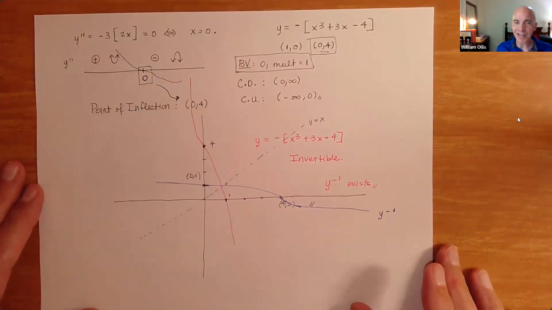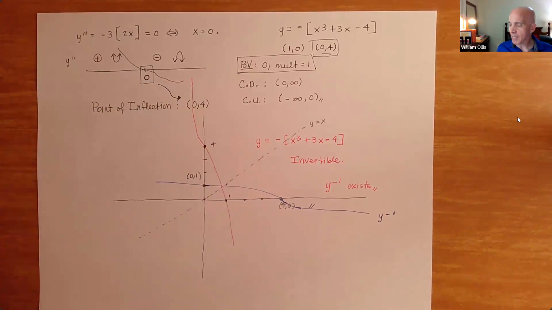So again, not a work of art, but using the pre-calculus techniques, we can draw a picture of the inverse, and we knew how to do that in college algebra. So what we're seeing now is that we have the marriage of the pre-calculus techniques with the calculus techniques, and we get the full picture.